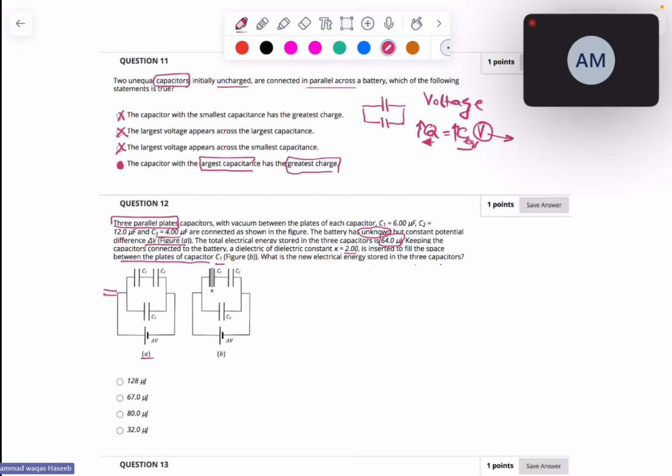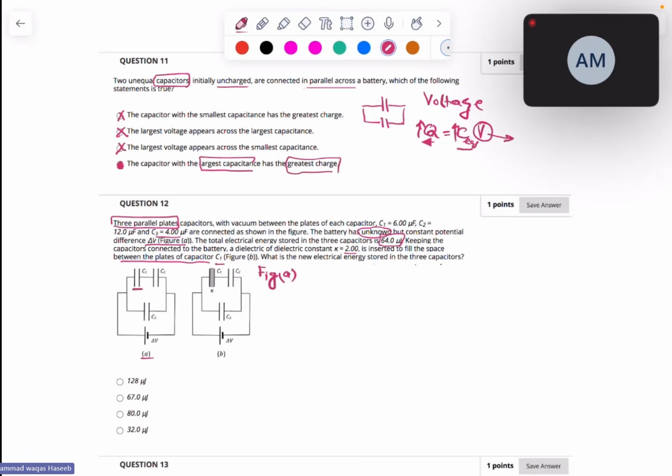If you see any circuit diagram like this, the first thing to do to solve it is to calculate the total capacitance of the circuit. So in figure A, first we calculate the total capacitance.